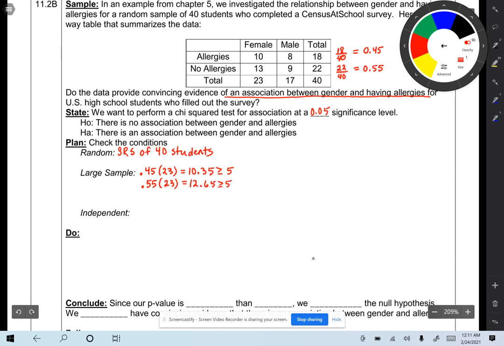And do that for the males. So 0.45 times 17, that's 7.65, which is greater than or equal to 5. And then 0.55 times 17 is 9.35, and that is greater than or equal to 5.